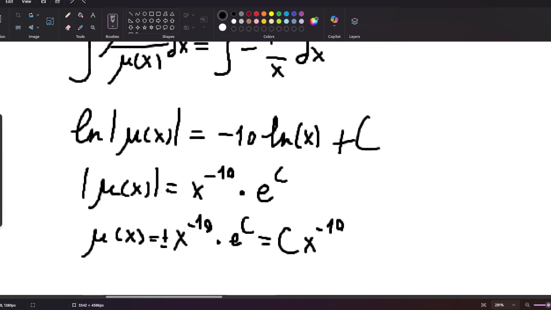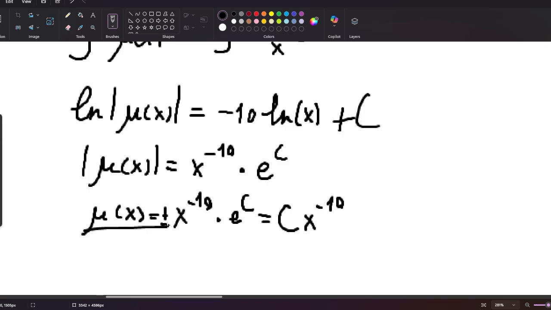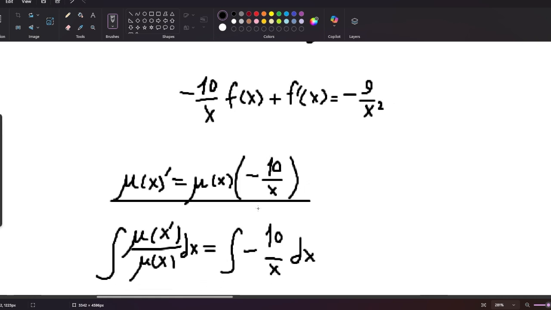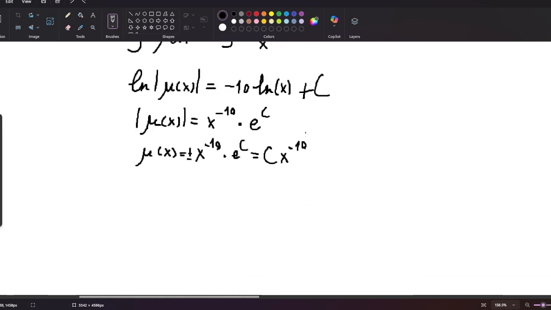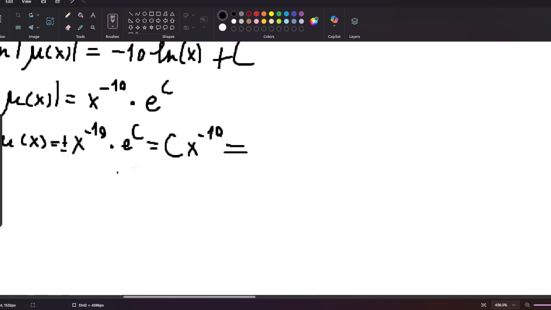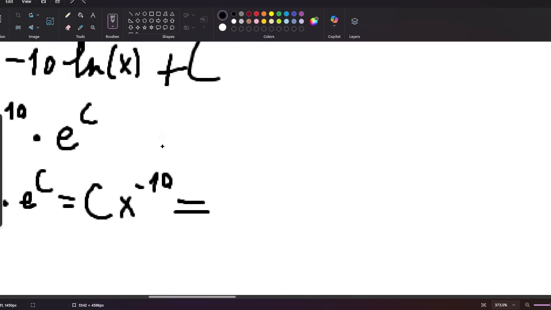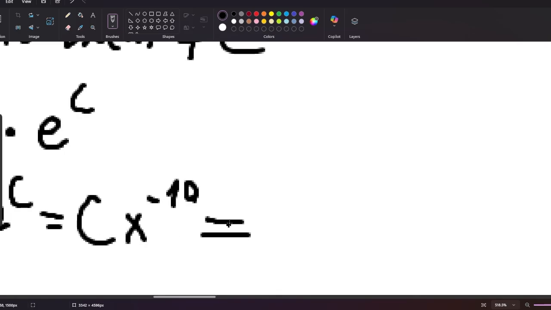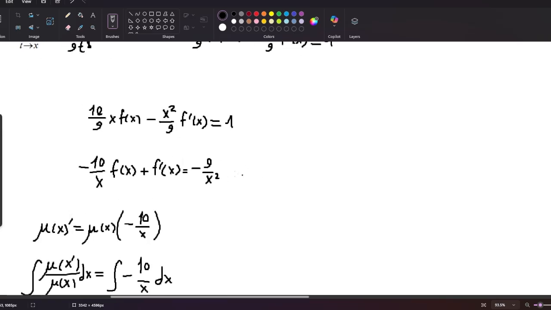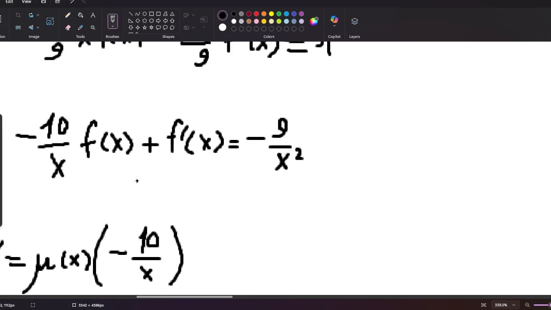Well, if c equals 0, then mu(x) equals 0, and plugging it in here, this equality always matches, so it's the general form. Now, let's pick another constant, purely because it's useful for the integration context. Let's call it k, and it's x to the power of negative 10. Okay, now we can just plug it in.